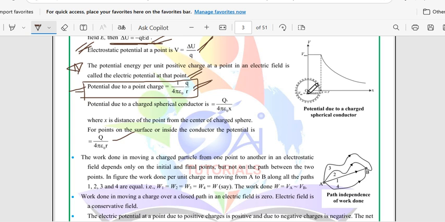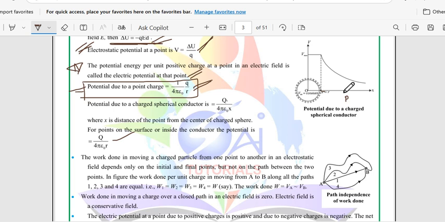This is a charged spherical conductor having the positive charge Q. The distance from origin to that point is small r. Now suppose you consider the point P anywhere. Let us consider this is point P.